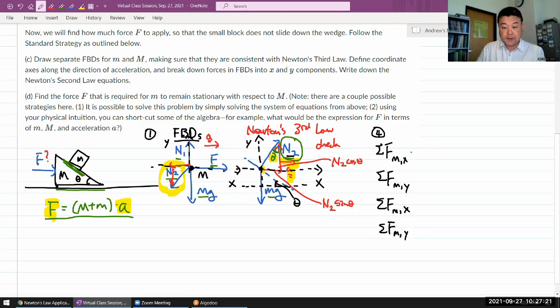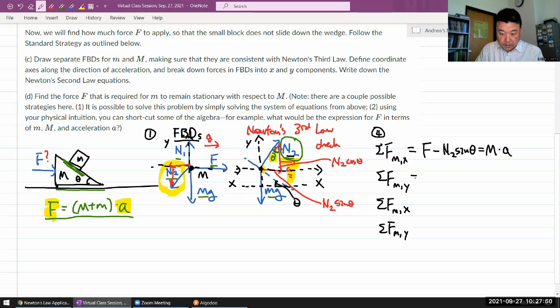So net force on the block ramp in the x direction. I have the applied force F minus, going in the negative x direction, the x component of n2. I wrote that as n2 sine theta. So minus n2 sine theta ought to equal the mass times acceleration.